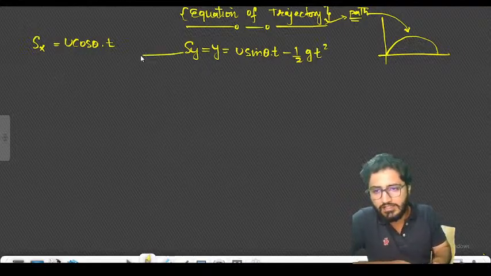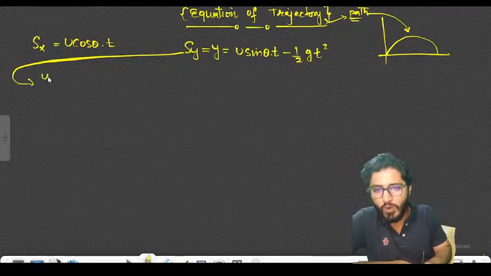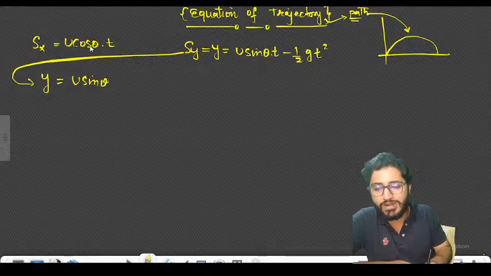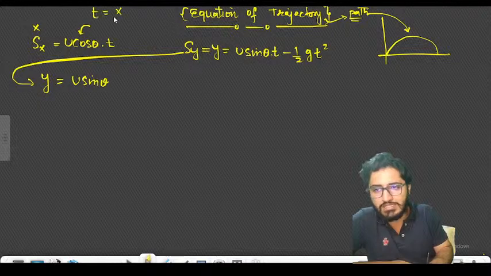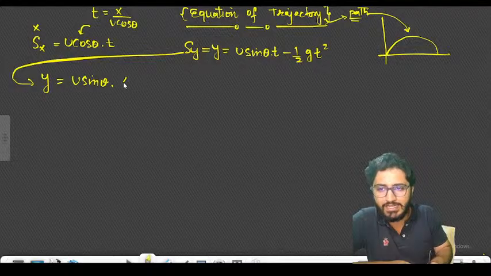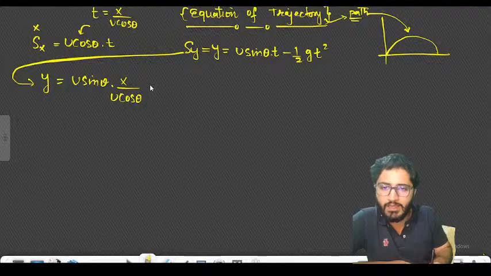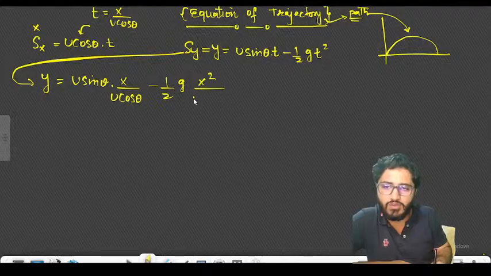Now take this equation. y equals u sin theta times t. From the x equation, time is equal to x divided by u cos theta. Place the value in place of t. So I can write x divided by u cos theta minus 1/2 of g, and instead of t squared, x square divided by u square cos square theta.